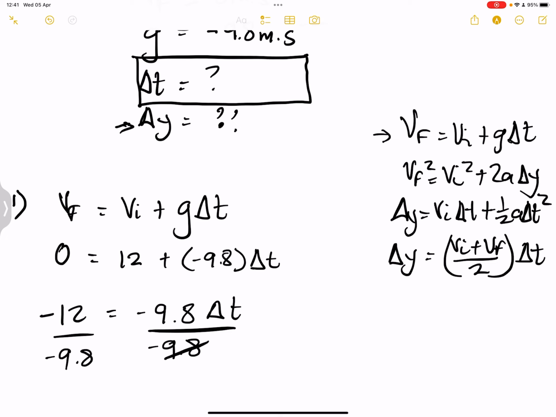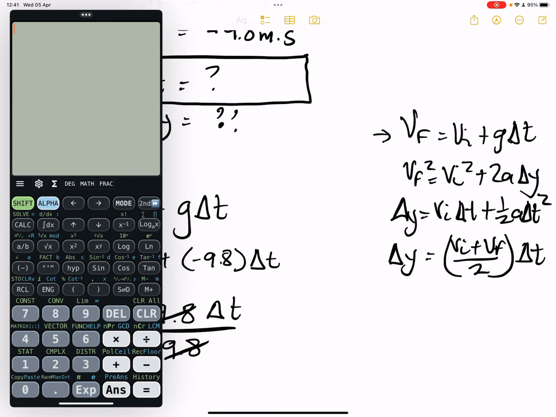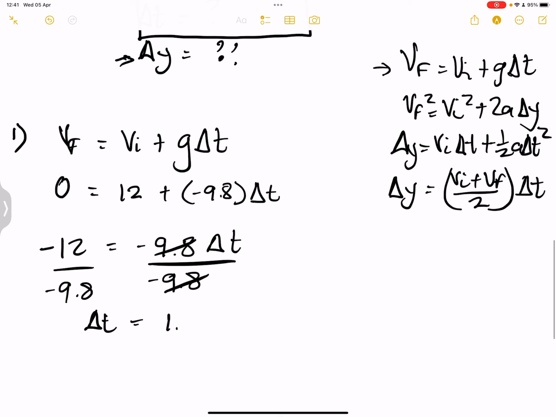That is 12 divided by 9.8, and I get a value of 1.22. So the time it takes to reach the maximum height is 1.22 seconds.